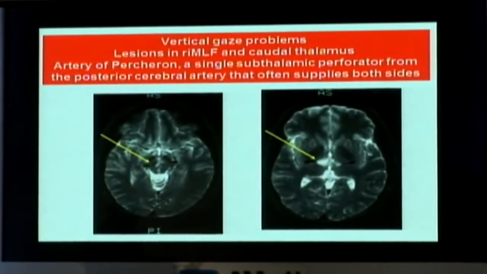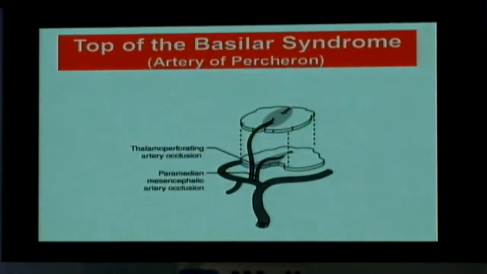The patient comes in because of balance problems for a year, and when you examine, has the same exam, cannot look down. What disease would you think of? Looks a little bit like Parkinson's disease. So progressive supranuclear palsy, or PSP. I think we'll get to that later today. So that's the top of the basilar syndrome, the artery of Percheron.